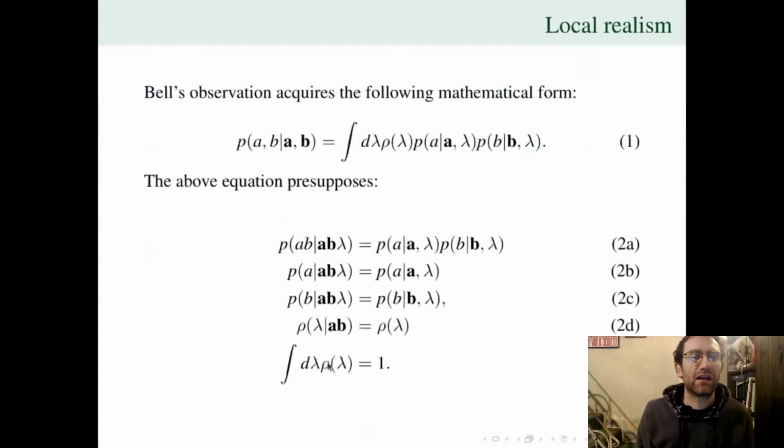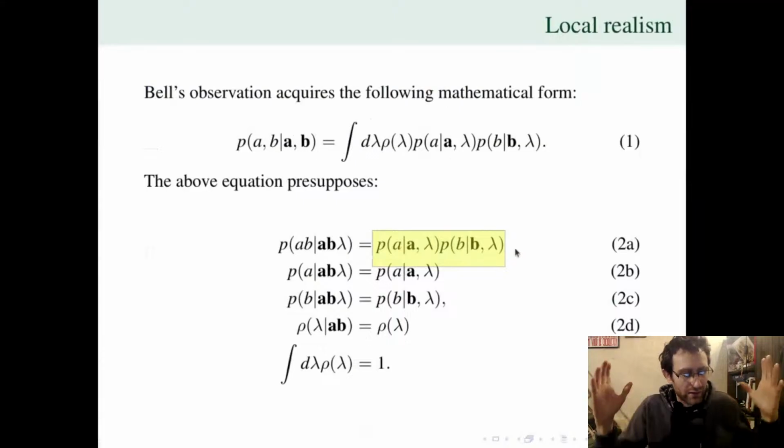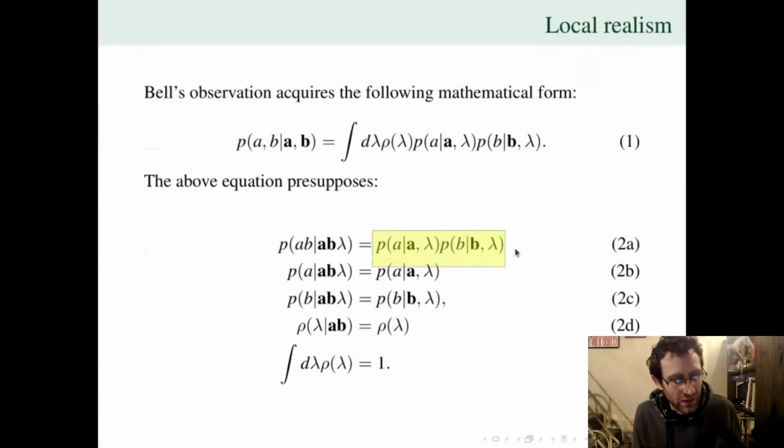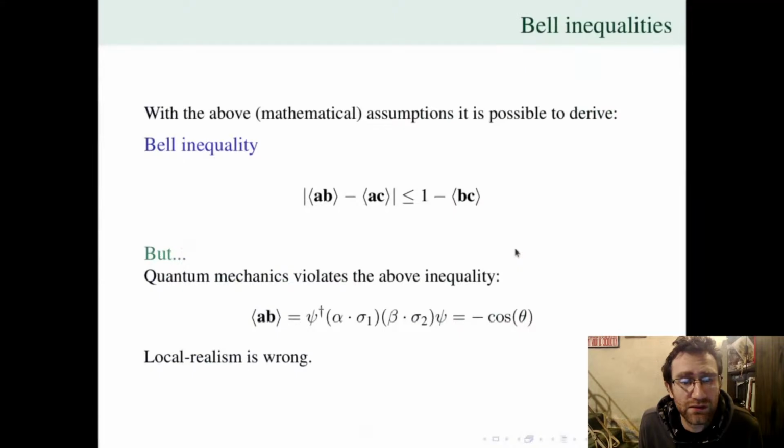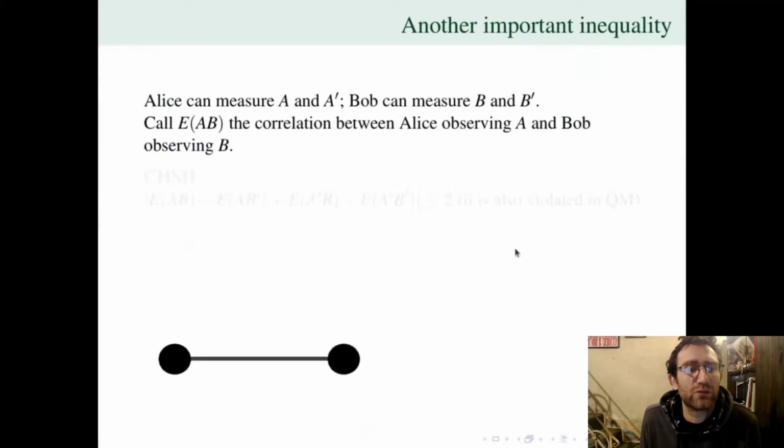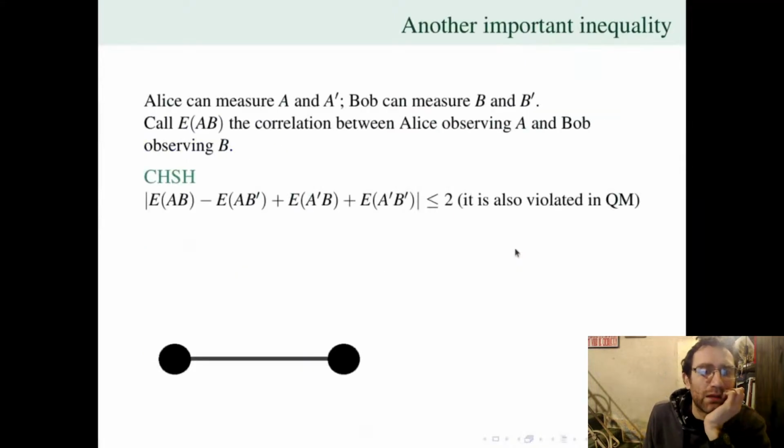Either assuming that there exists lambda is wrong, or the separability condition is wrong, or both are wrong. So we don't know, but what we know is that local realism seems to be wrong.